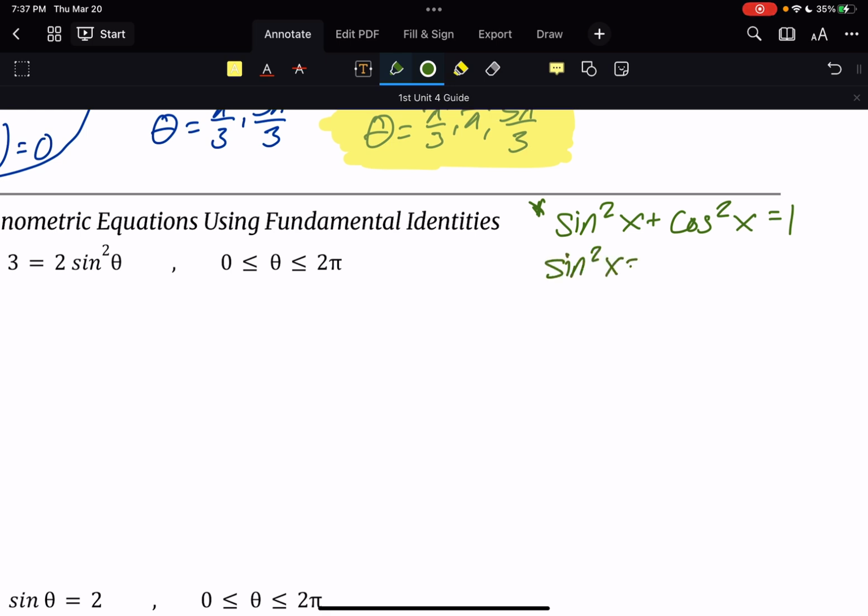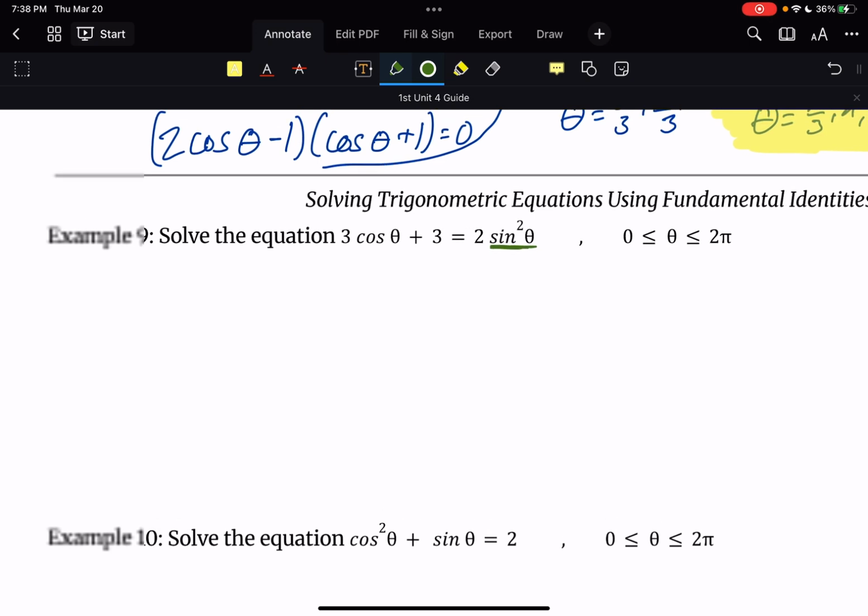So this gets me sine squared is equal to 1 minus cosine squared. And then I can substitute 1 minus cosine squared in for sine squared in my equation. So that gets me 3 cosine theta plus 3 is equal to 2 times 1 minus cosine squared theta.